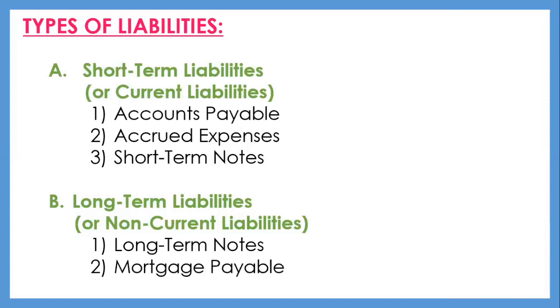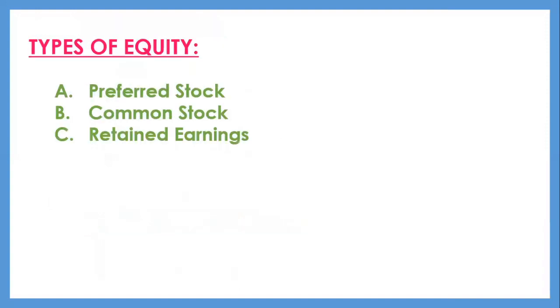Next, we have types of equity. Under equity, we have preferred stock, common stock, and retained earnings. Remember that in big companies or corporations, the owners are called shareholders or stockholders, right? And these shareholders or stockholders receive dividends.